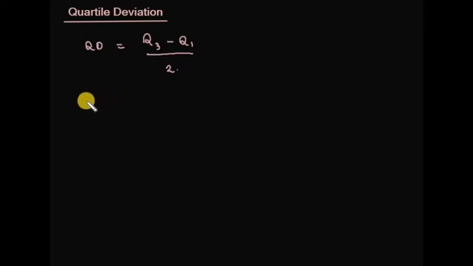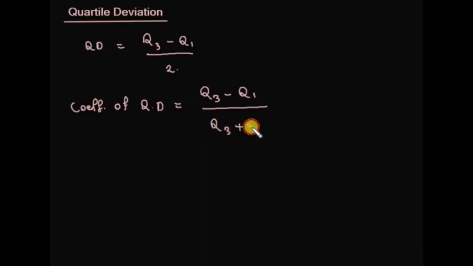We will look at it in detail through problems. And coefficient of dispersion, or coefficient of quartile deviation, is Q3 minus Q1 divided by Q3 plus Q1.